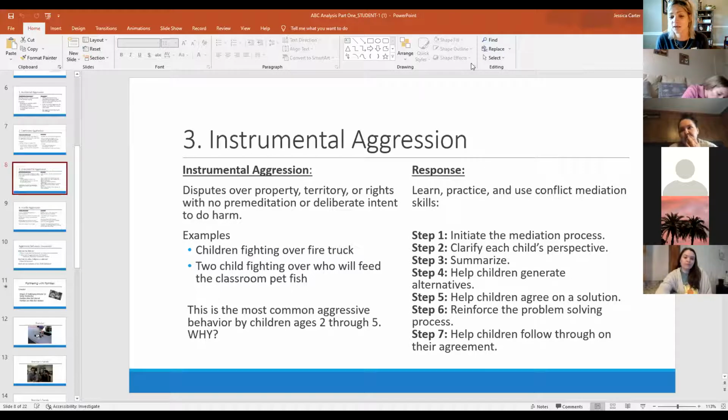So children this age are not necessarily known for regulatory skills, right? That's something that is developing. And so even if they know I need to ask for a turn, and even if they have the language to say, you know, can I have a turn with that when you're finished, they might just not have the executive functioning to pull that off, because they want what they want and they see it and they grab it. They don't have, the term for it is like not coming into my brain.